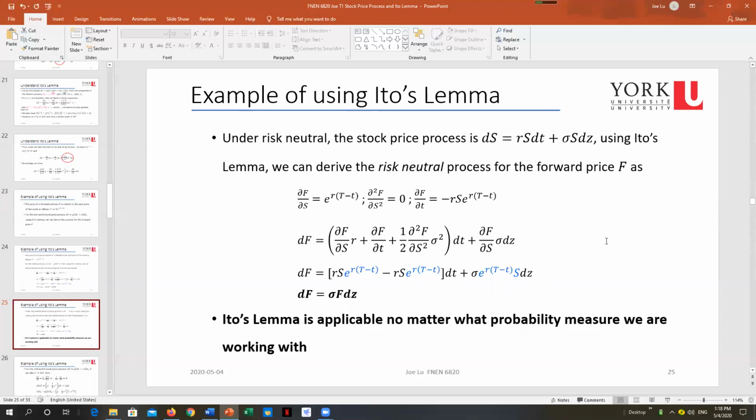It also applies to the risk neutral probability measure, or any other probability measure you happen to transform into. So regardless of what measure you're working with, you can apply Ito's lemma the same way.